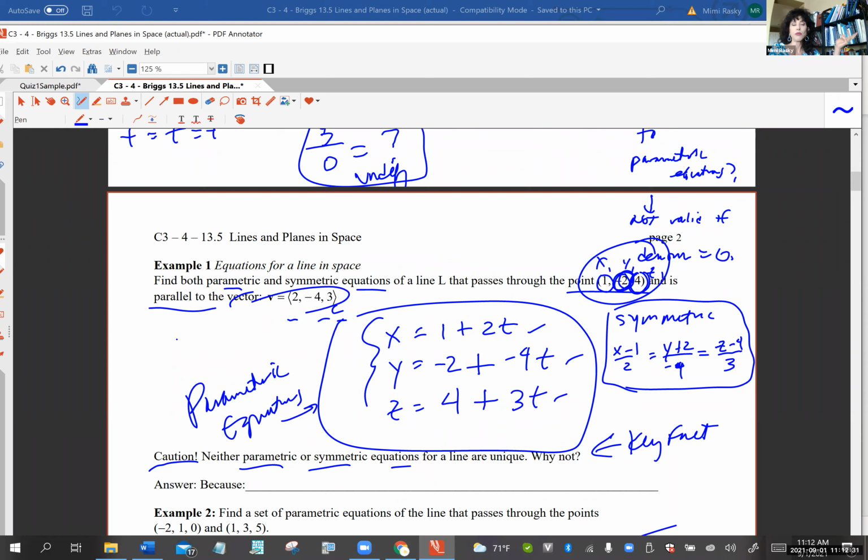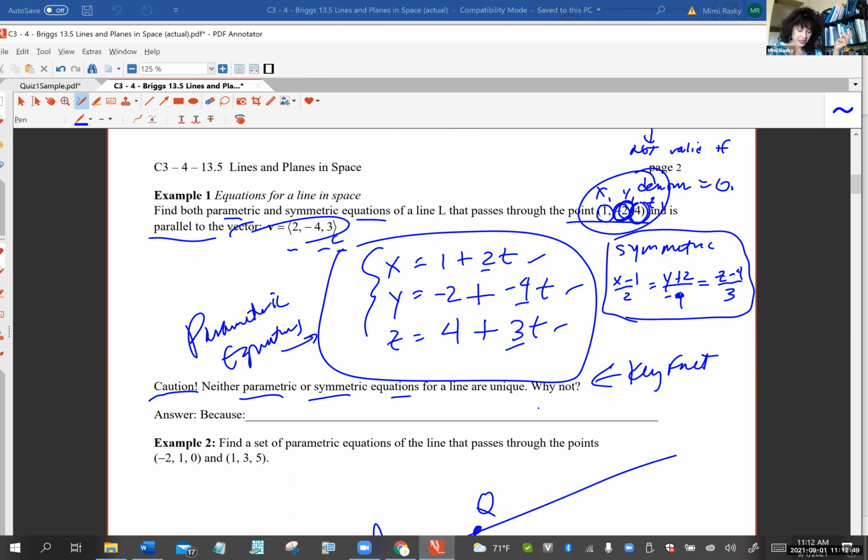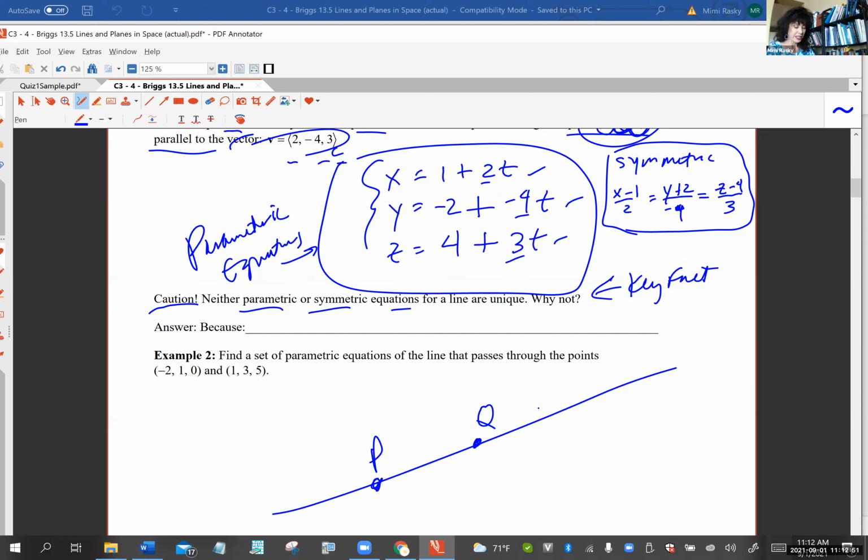So any scalar multiple of that vector would be okay to put in these factors that are multiplying with the parameter t. So there's all kinds of ways that our parametric equations would change up, but still be legit. So let's take a look at filling in the blank here. Because you could have an alternate point on the line, that's one reason.